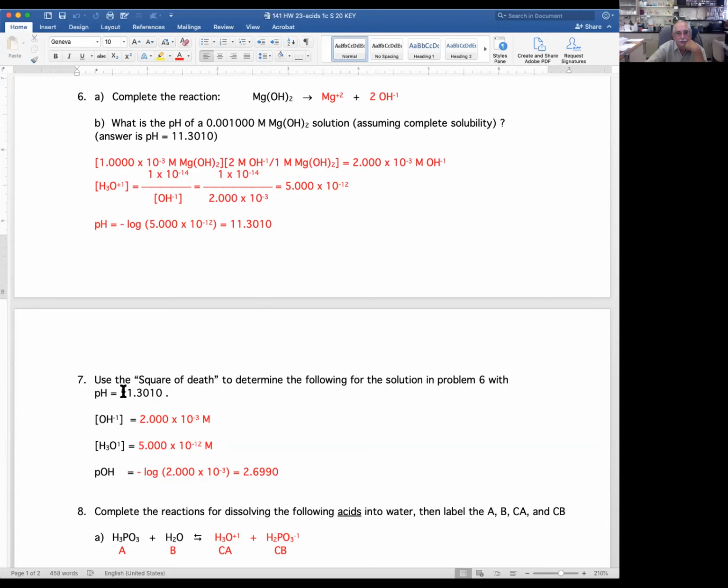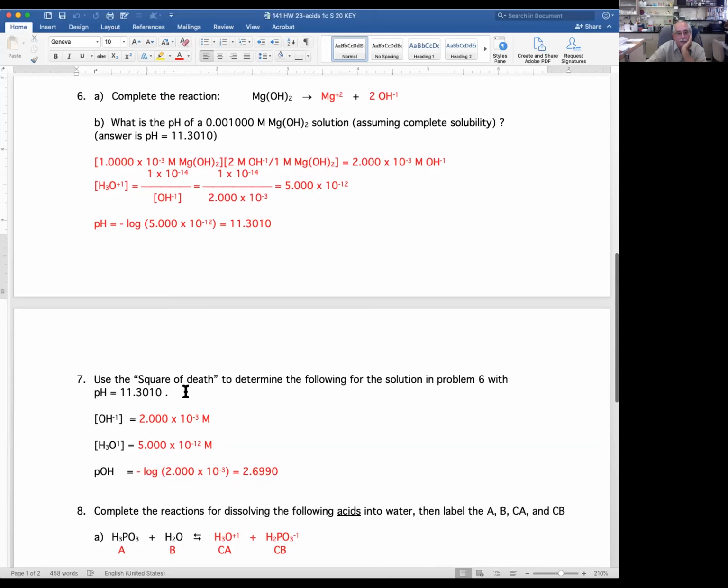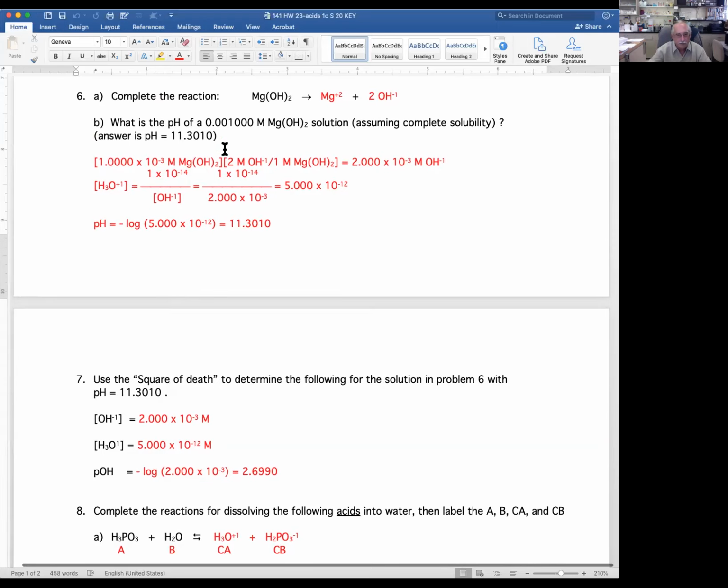Because I'm already given the pH. Wait, no, did I? Yeah, I gave the pH. What is the pOH? Well, I could get it by several different ways, using the square of death. I'm just trying to now integrate these kind of procedures with really the square of death.